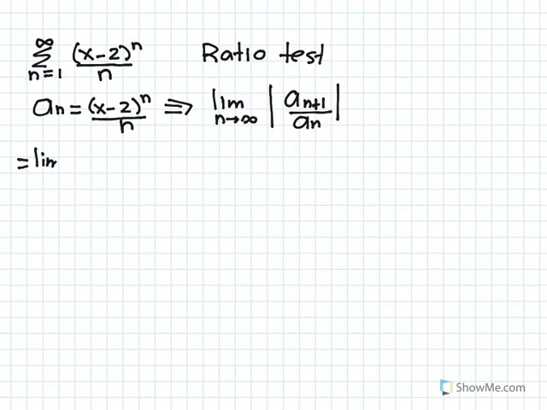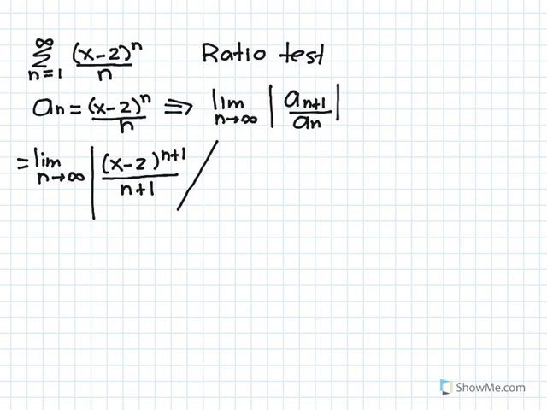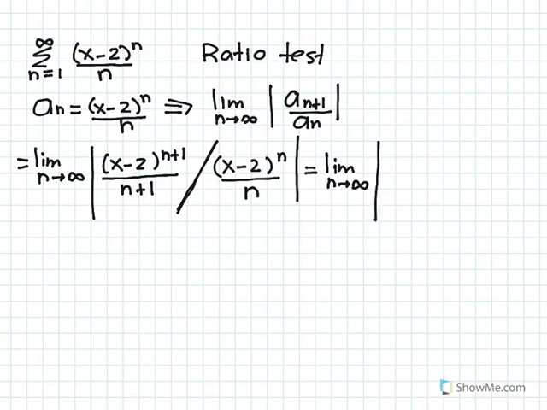We have the limit as n approaches infinity of the absolute value of a sub n plus 1, plugging in n plus 1 wherever you see n. So we get (x minus 2) to the power of n plus 1 divided by n plus 1, all divided by a sub n, which is (x minus 2) to the power of n divided by n. Now we flip this fraction because we're dividing by a sub n.